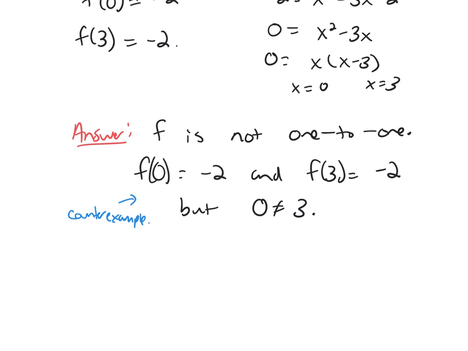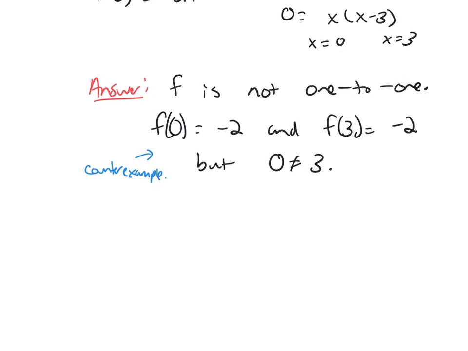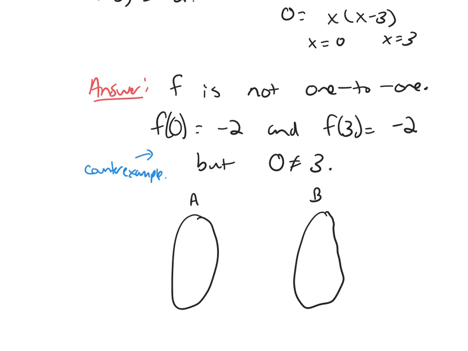So the last thing in this video I want to mention is the visual idea of what one-to-one means. Remember when we were using these diagrams, A to B. So this last function, for example, was not one-to-one, because 0 mapped to -2 and 3 also went to -2.